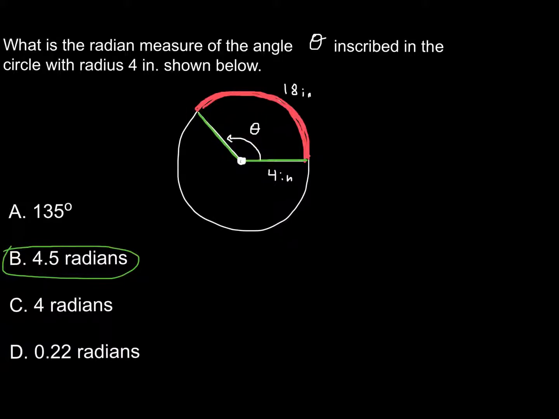One way of defining an angle is with radian measure as opposed to degree measure, and the way that we define it is by looking at the arc length that you have to travel in order to create this angle and dividing it by the radius. And so the angle measure theta here would be equal to 18 over 4, which is 4.5 radians.